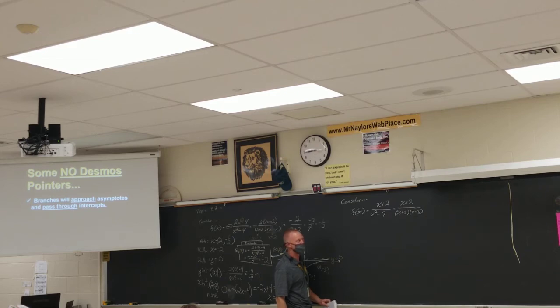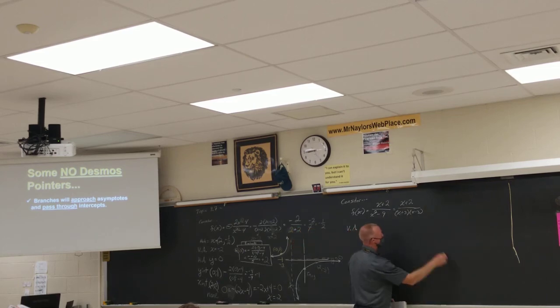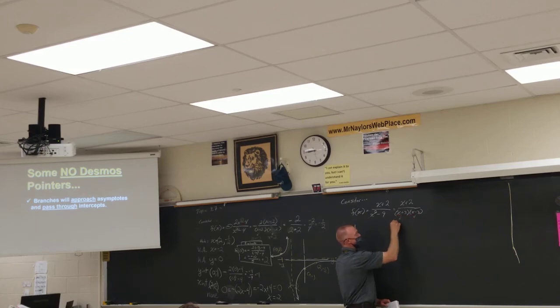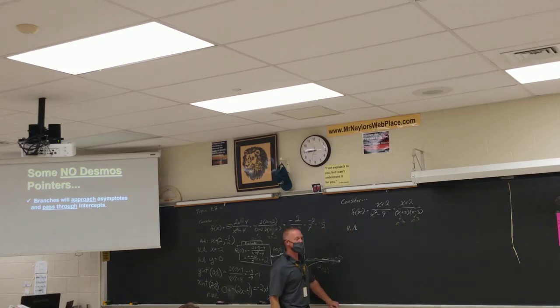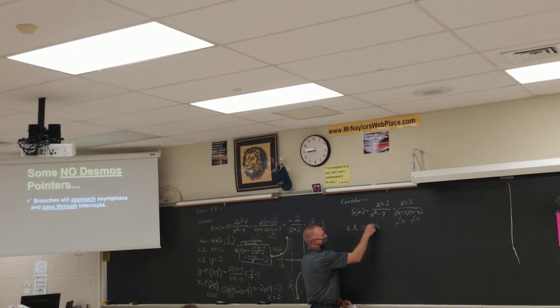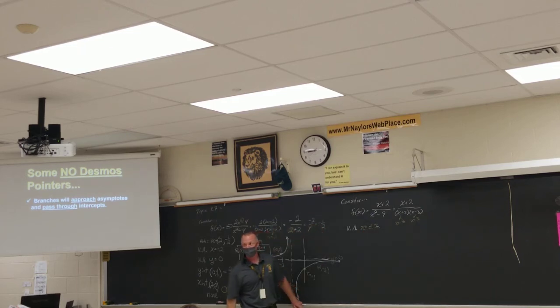So I'm honestly going to just bypass that. I'm not going to write down hole. I'm just going to go right to the vertical asymptote. Okay, now make sure you realize that there's vertical asymptotes. I mean, these numbers, namely -3 and 3, they're bad numbers. So, they are something. They're vertical asymptotes. Maybe you just want to simplify it a little bit by saying plus or minus 3.